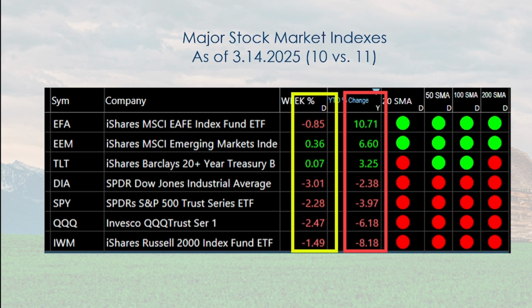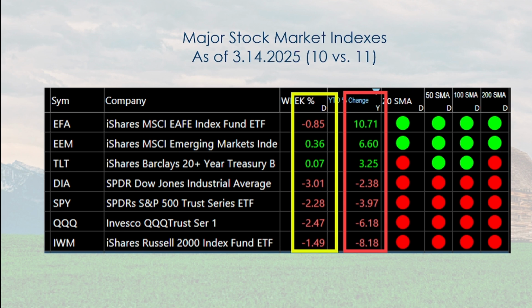So this, to me, is interesting because we haven't seen this, I think, since I've been doing videos. We haven't seen one like this. Developed markets, number 1, by quite a bit. Underdeveloped markets, emerging markets, number 2, by quite a bit. And number 3, long-term government bonds.